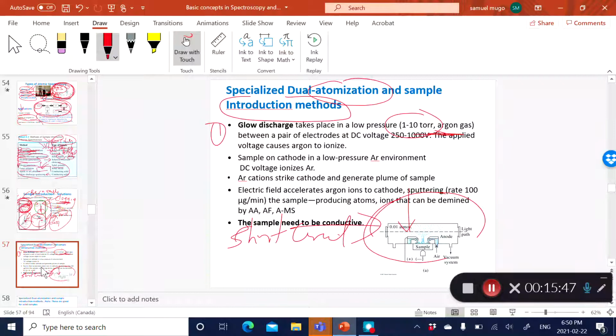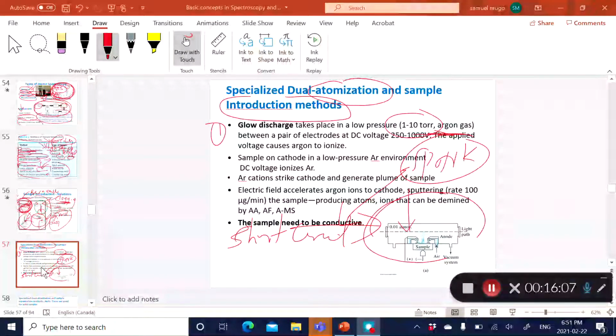And as you short circuit the system, of course, you know that causes a spark to happen. With the spark, you get the sputtering of the coated sample, and you can cause atomization that way.